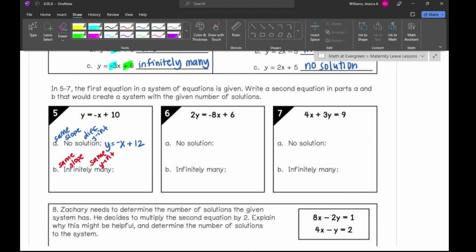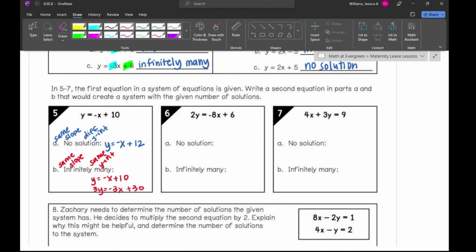So if it's the same slope and the same y-intercept, we could have the exact same equation. Or we could have one that was in standard form, meaning it's not in slope-intercept form, and we could have 3y equals negative 3x plus 30, because if we were to solve that for y, we would end up with y equals negative x plus 10. Okay.